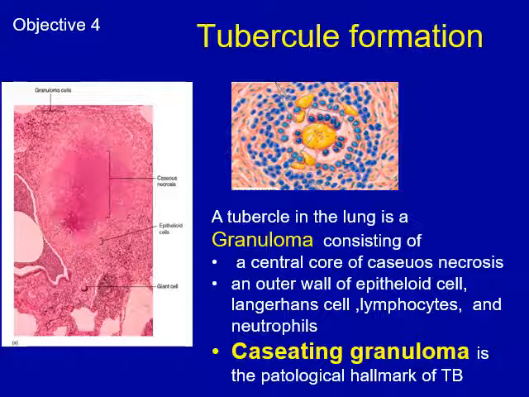So the tubercle forms in the lung in the form of a granuloma. A granuloma consists of a central core of caseous necrosis, with an outer wall of epithelioid cells, lymphocytes, Langerhans cells, and neutrophils, and inside there is caseous material. This is called caseating granuloma, and it is the hallmark of TB.